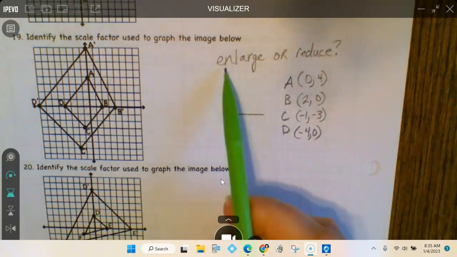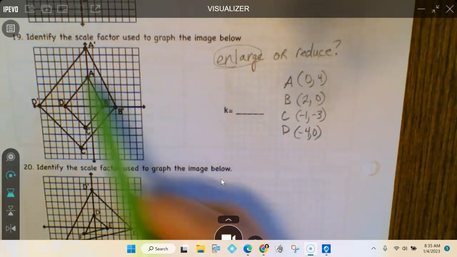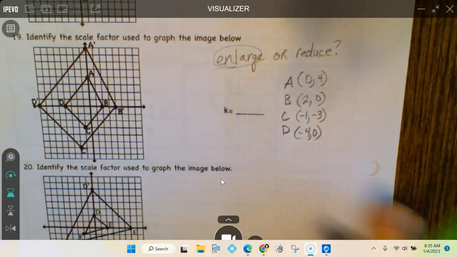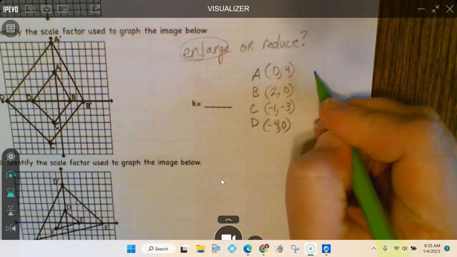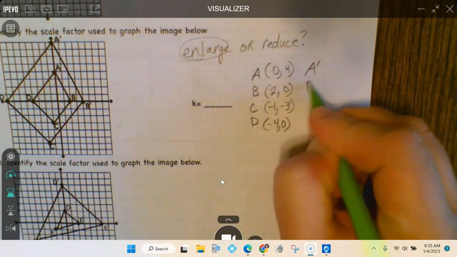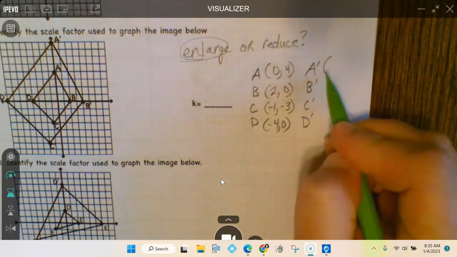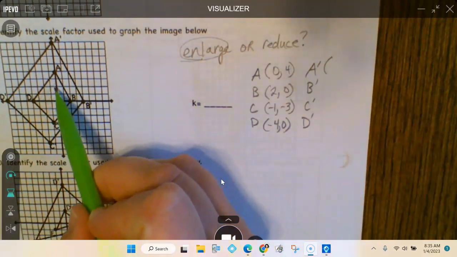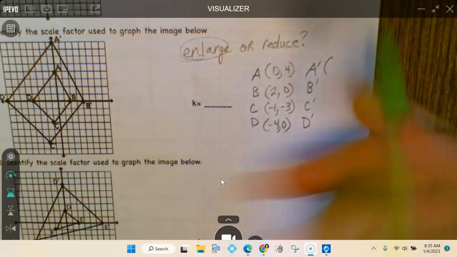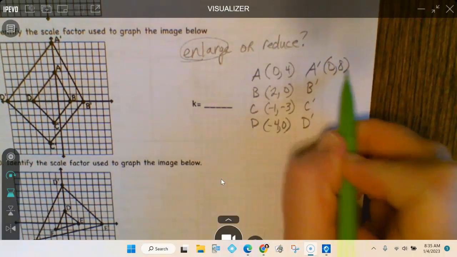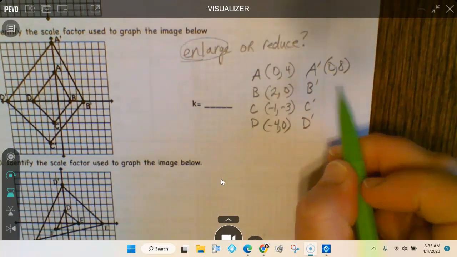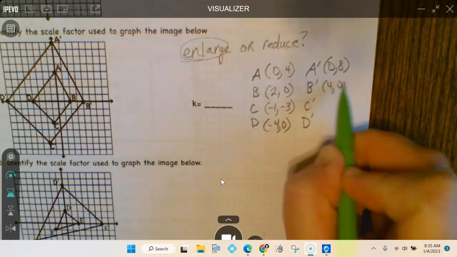And then it looks like we enlarged because our image is bigger. So that is A prime, B prime, C prime, and D prime. A prime is at 0, 8. B prime is at 4, 0.